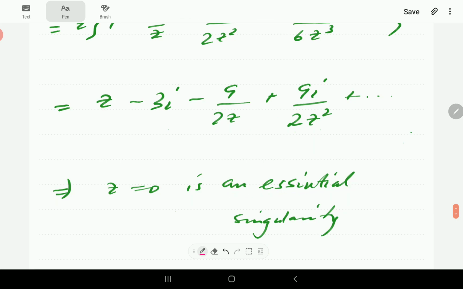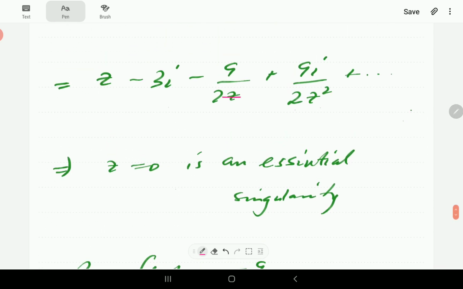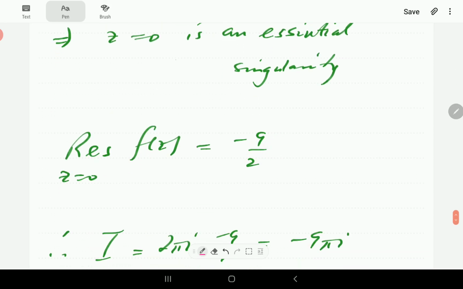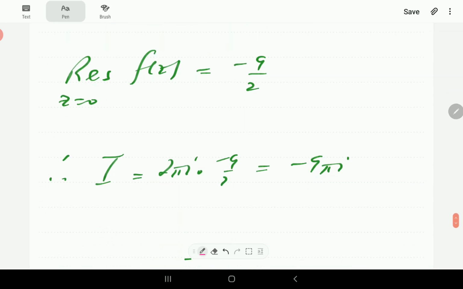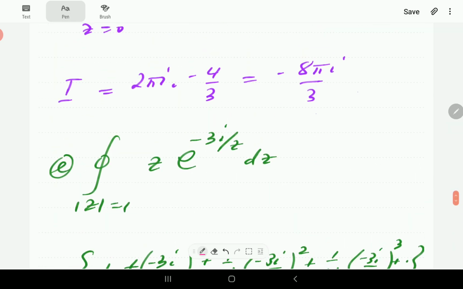So a pole of infinite order is also called an essential singularity. And again, the coefficient of 1 over z is going to give us our residue. And so the integral is going to be -9πi, if we call that I. All right, thank you.